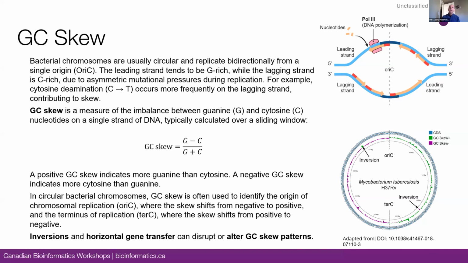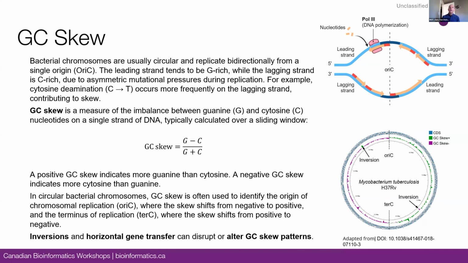So you are unwinding, and then the polymerase is following the helicase, and it is continuously adding the second strand. On the lagging strand, it is discontinuous. So you have what are called Okazaki fragments that are being placed onto the lagging strand, and then they have to be primed.